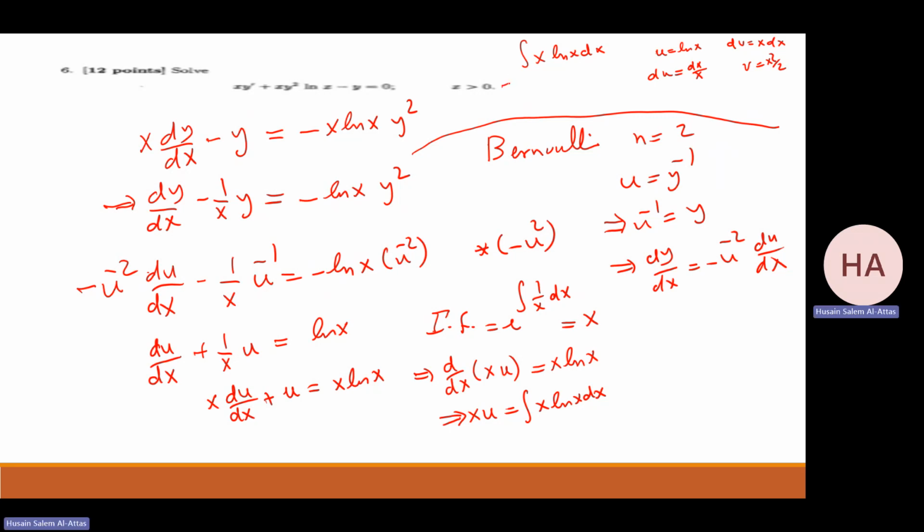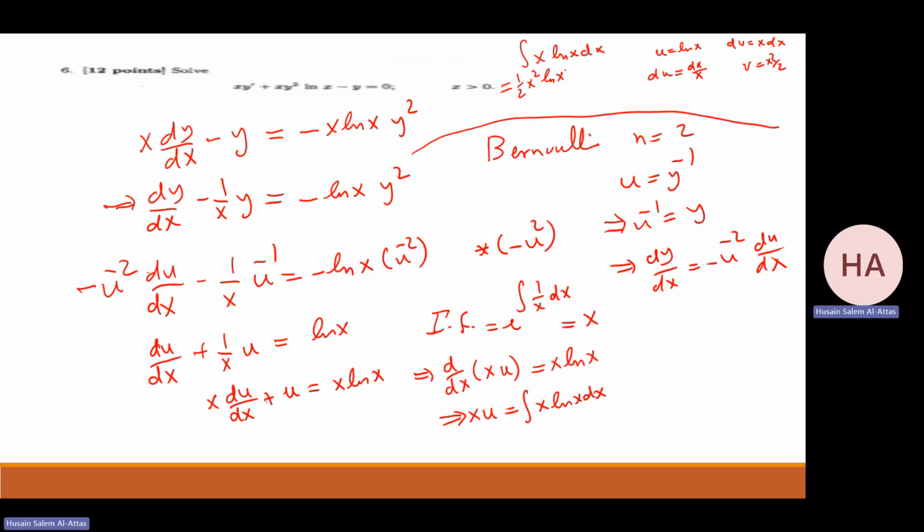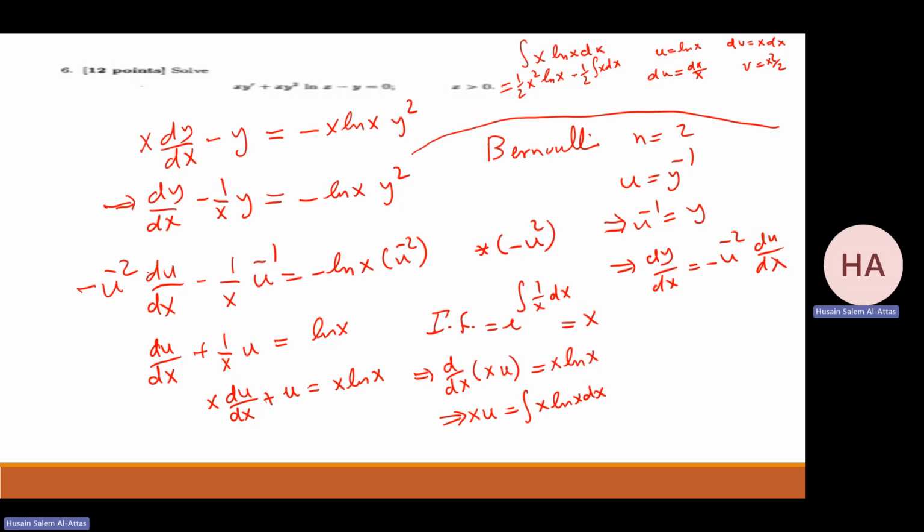So this integral is uv, which is half x squared ln x, minus half the integral of x dx. So it will be 1 over 2 x squared ln x, and this will be x squared over 2, so minus 1 over 4 x squared plus c.